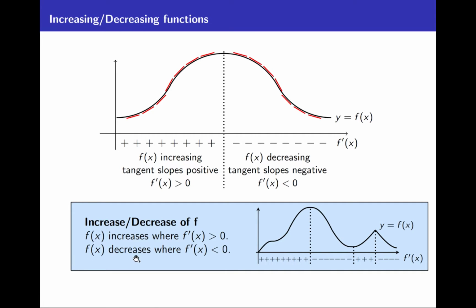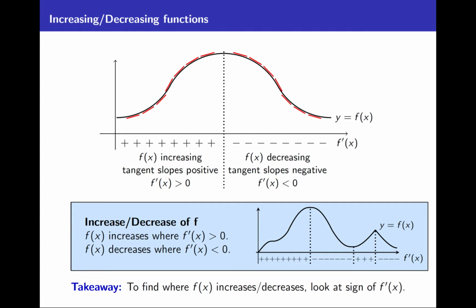And f decreases where its derivative is negative. Here, and also here, f prime is negative, where that function is decreasing. So the takeaway is, to find where f of x increases or decreases, look at the sign of f prime.